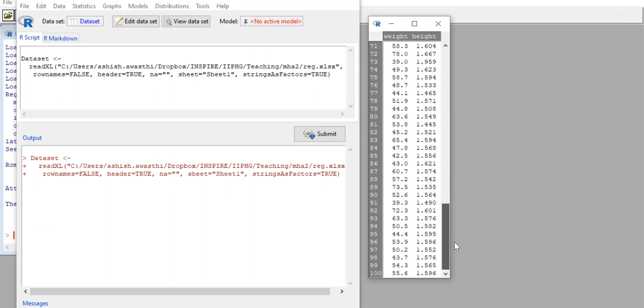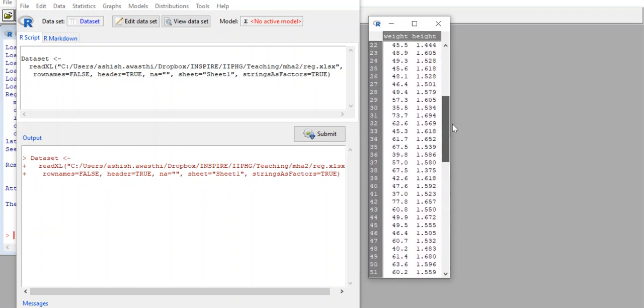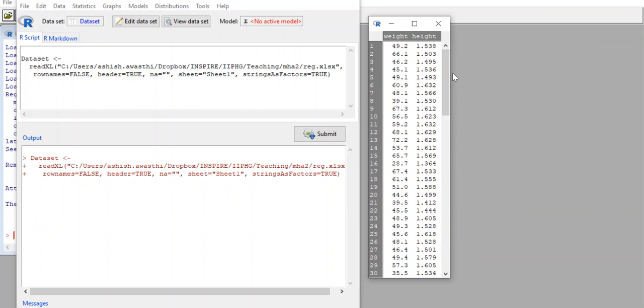Basically, I have taken this data from NFHS fourth round, and I have just taken 100 individuals' data out of a large data set. So that is not a problem here. So we have two variables, weight and height here.